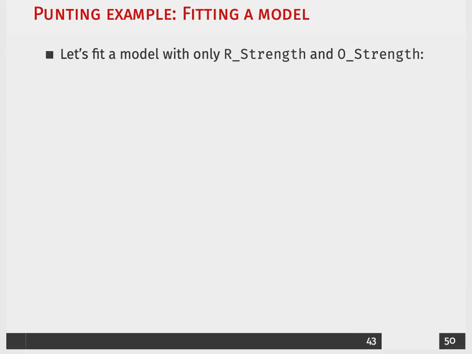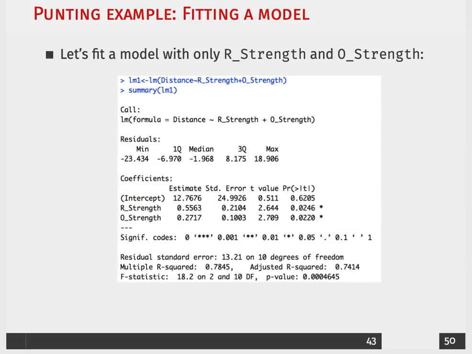So this is going to be problematic, and we're just going to begin by estimating a model with only right leg and overall strength. So what we can see is that in both instances, they are positively associated with distance, as we may suspect, and that relationship is statistically differentiable from zero, indicated by our p-values that are below the critical threshold of 0.05.